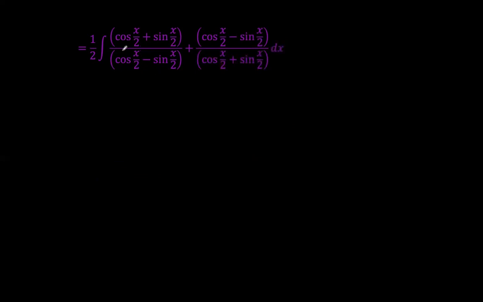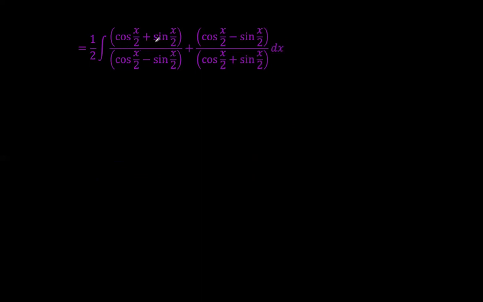This numerator on the first integral here is the same as negative twice the derivative of the denominator, right? Because when you differentiate cosine x over 2, we get negative a half sine x over 2.